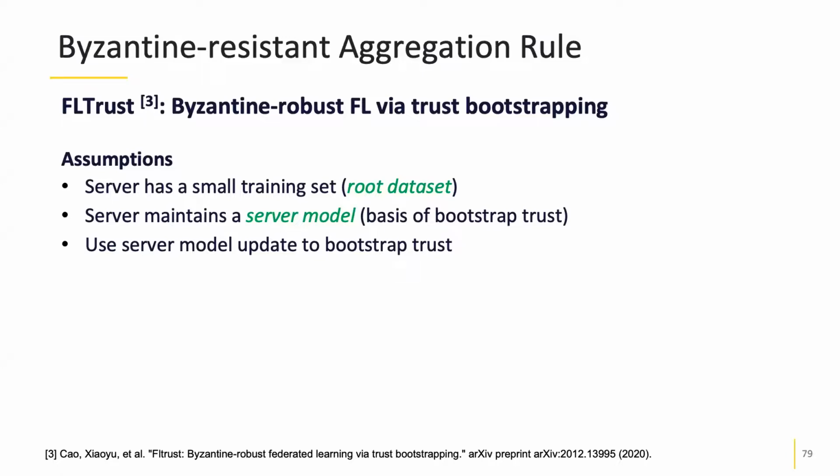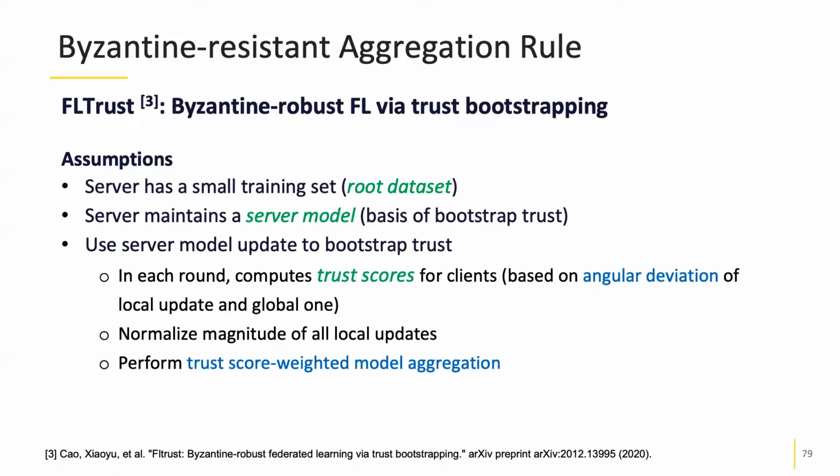This server model will be used as the basis to bootstrap trust. In each round of communication, the server will compute the trust score for individual clients. The score is computed based on the angular deviation of the local model and the global model.